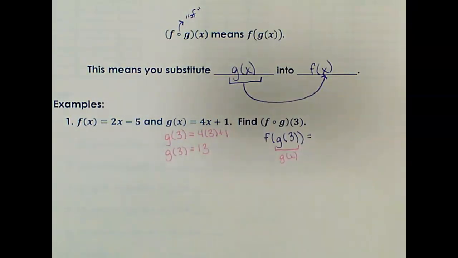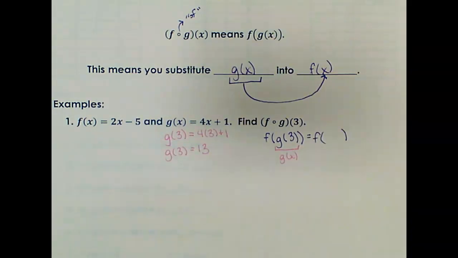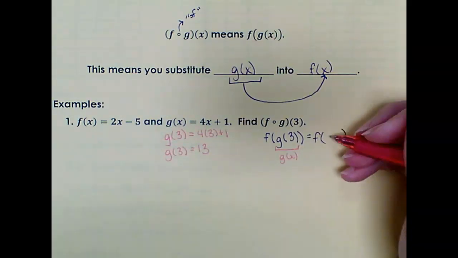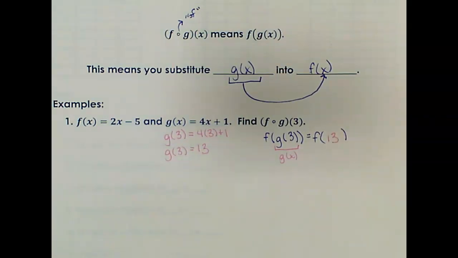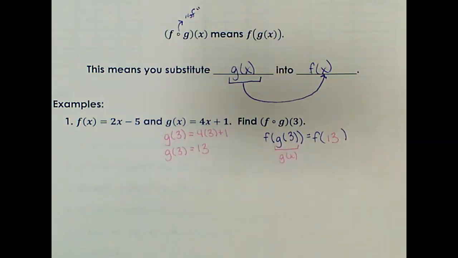Now I'm going to evaluate f of g of 3, and g of 3 was 13. You see how that works? We have the inside, g of 3, that's 13. And now I'm going to evaluate f of 13.